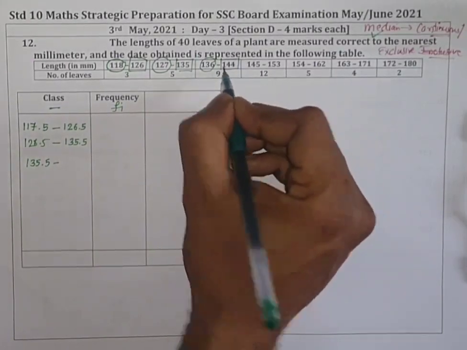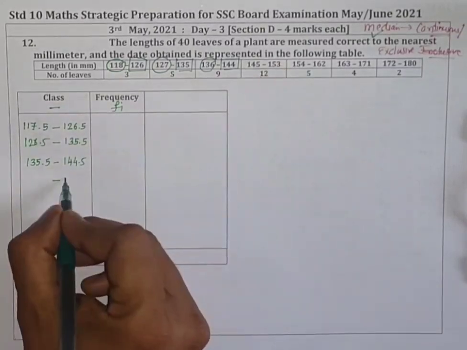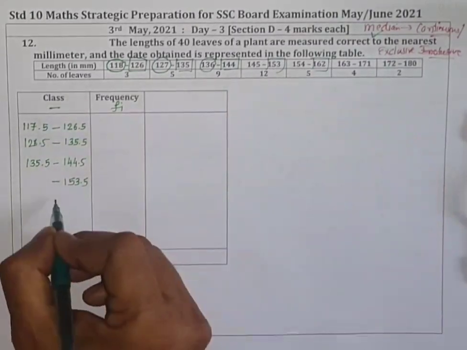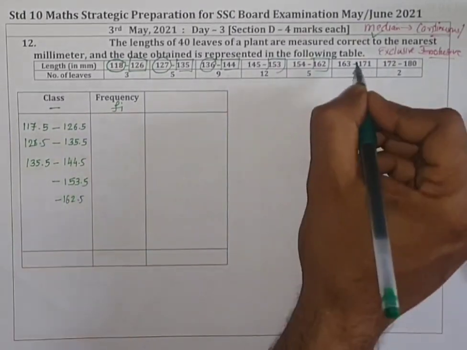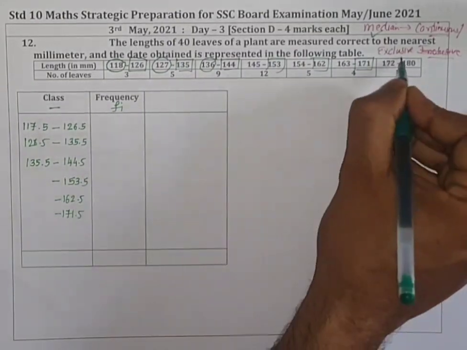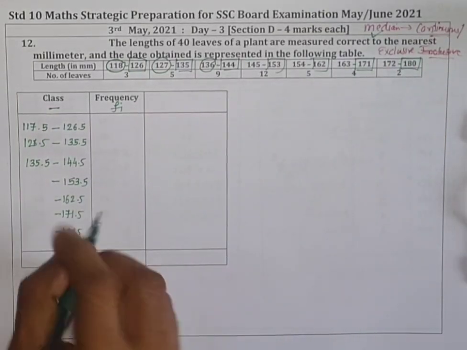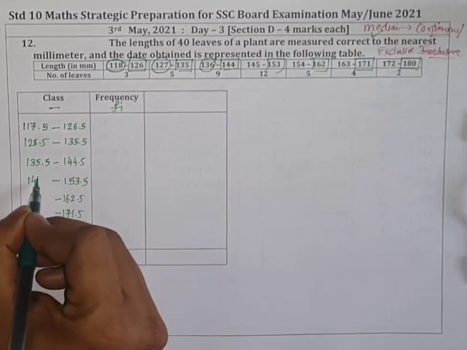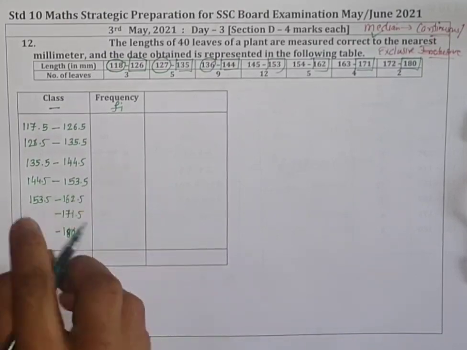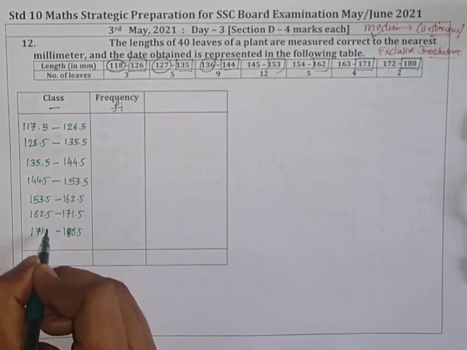Upper boundary you add 5, 144.5. ऐसे upper boundary में आप add करते जाओ 153.5, 162.5, upper boundary 171 है, upper boundary point will be 171.5, upper boundary 180 है और upper boundary point 180.5. यही नीचे आएगा 144.5, यही नीचे आएगा 153.5. Same will come down 162.5 and same will come down 171.5.